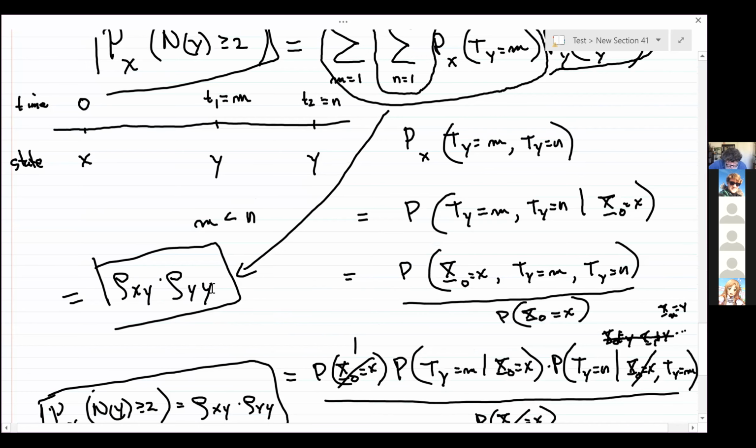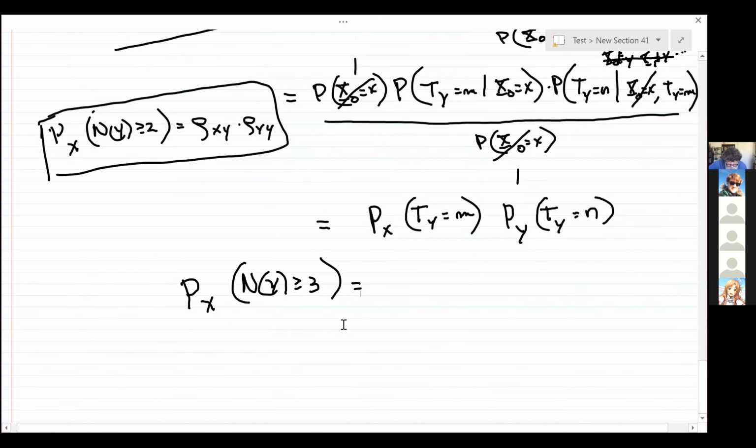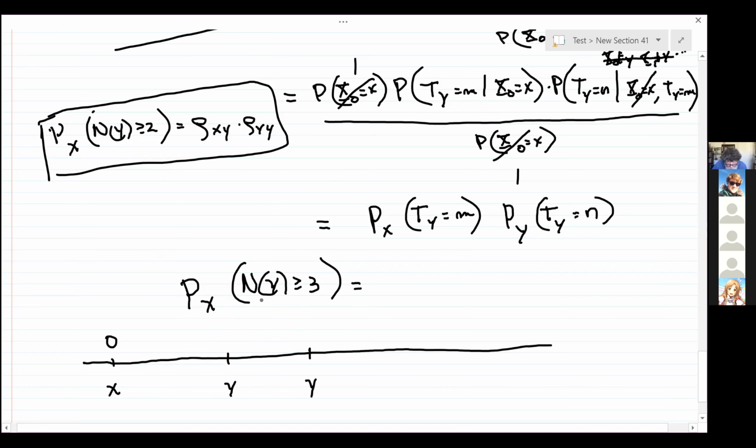So if you want to see the pattern, what I hope the takeaway would be from the previous one is this. You're starting at state X at time 0. There'll be some time where you hit Y the first time. And then there'll be a time when you hit Y again. And there'll be a time where you hit Y a 3rd time. They don't have to be evenly spaced.